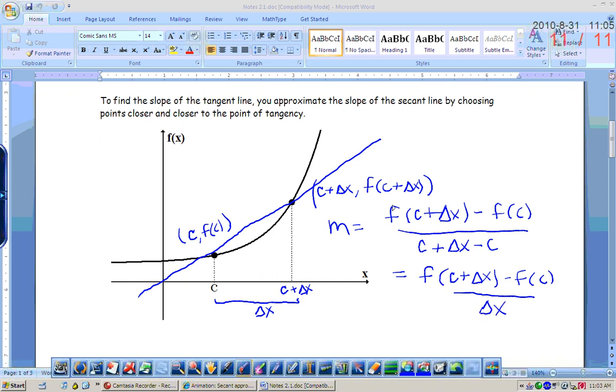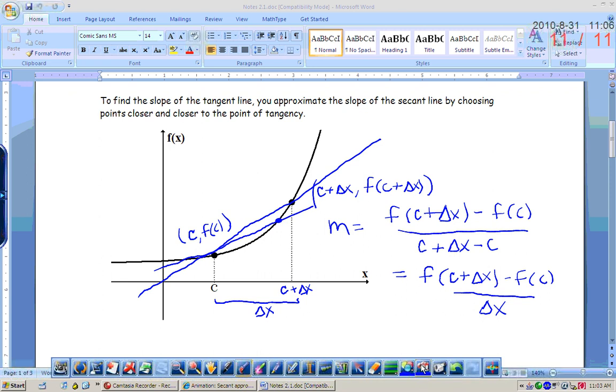Now, what I want to do is methodically move this second point closer and closer and closer to c. Because if I were to move that second point right here, then there's my new secant line.